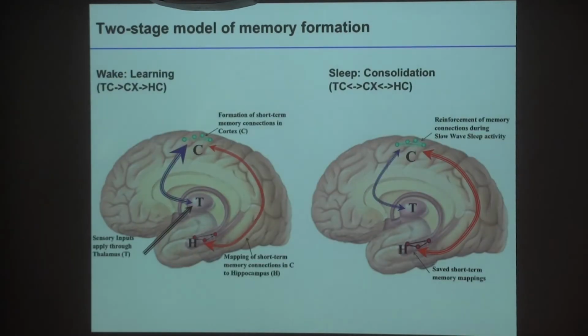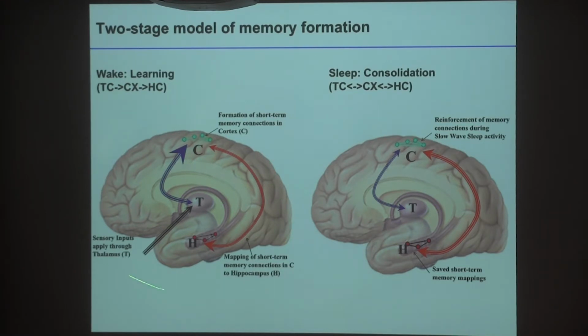So in general, a possibly very oversimplified picture of how declarative memories are consolidated in a human or animal brain can be summarized here.